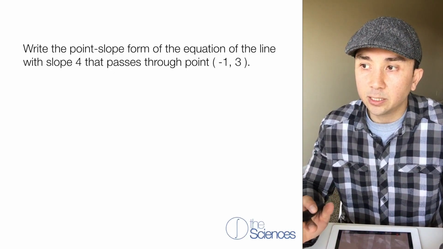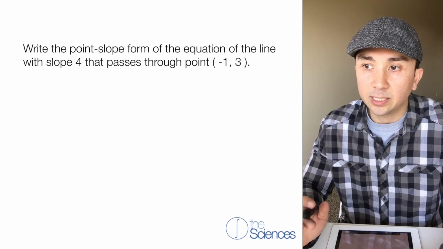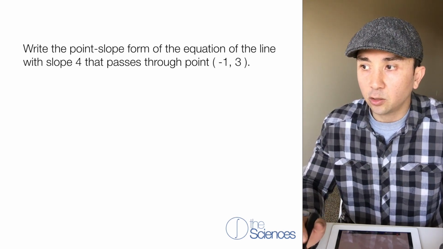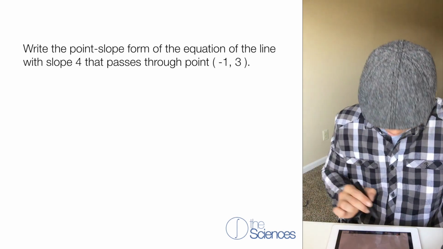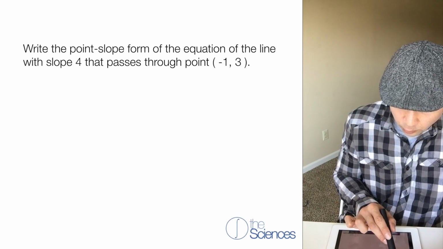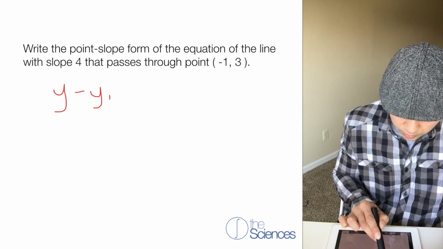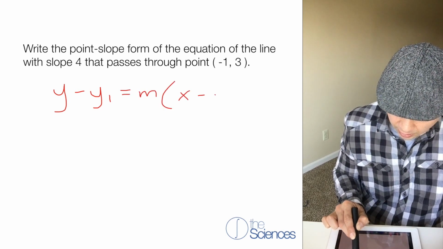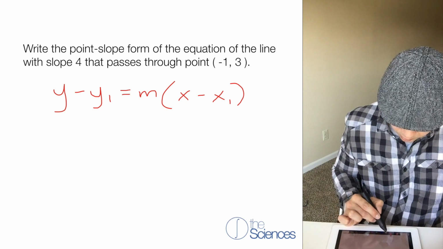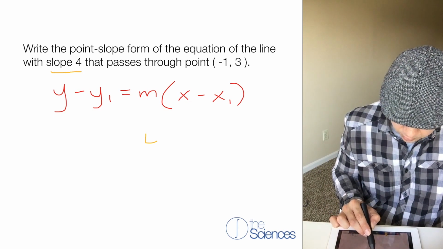Let's write the point-slope form of the equation of a line with slope 4 that passes through the point -1, 3. So we know that the point-slope form has the form y minus y1 equals m times x minus x1. Here we have a slope of 4, which is our m.